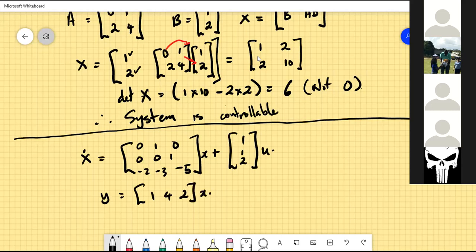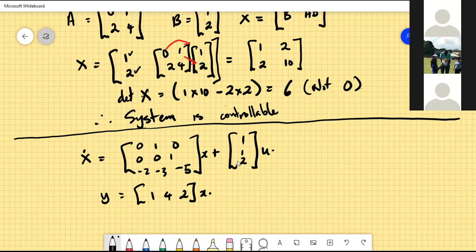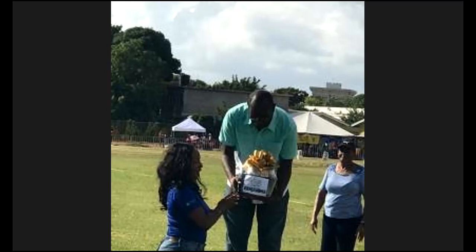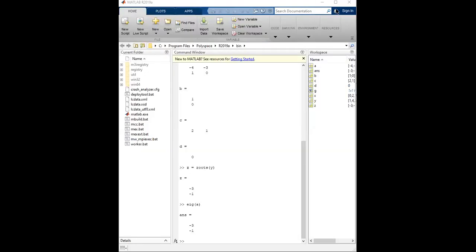We are going to find out if that system is controllable, and we're going to use MATLAB to do it. Ask Mr. Campbell to go back on MATLAB.